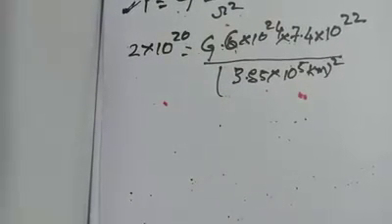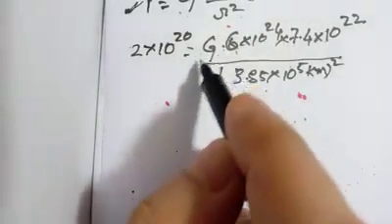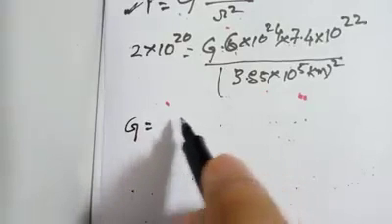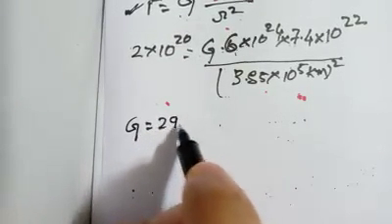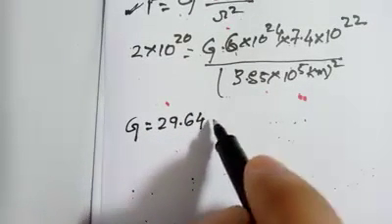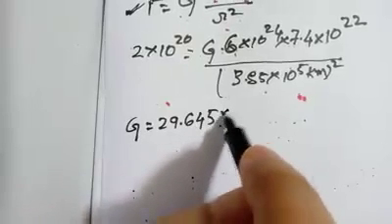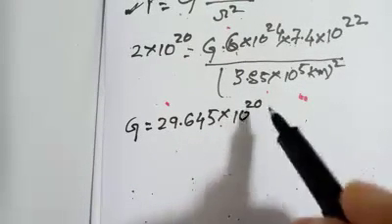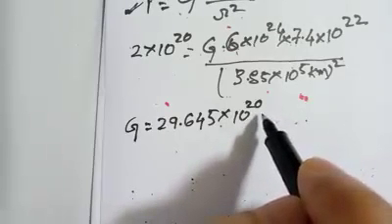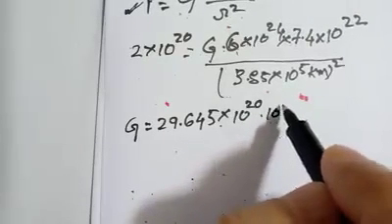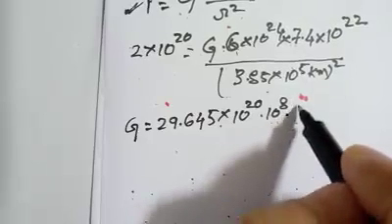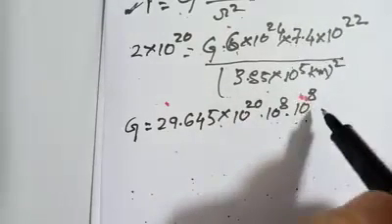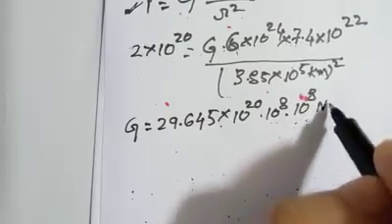Now if I cross multiply and bring G out over here, because G is what we are calculating, we can put it as 29.645 multiplied by 10 to the power 20, multiplied by 10 to the power 8 squared. So I have to write again 10 to the power 8. I'm taking this 5 plus 3, 8 over there, Newton meter squared.